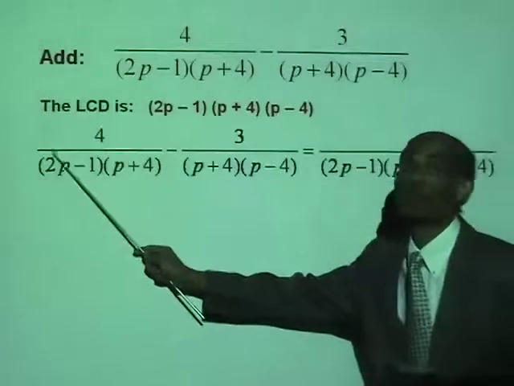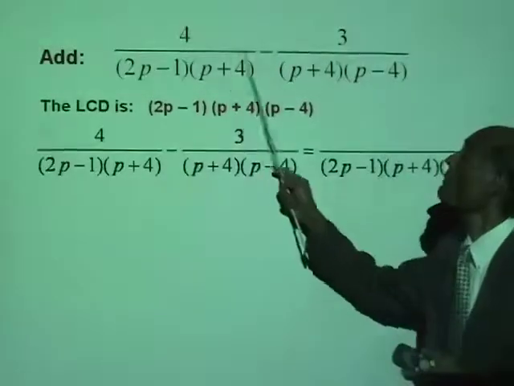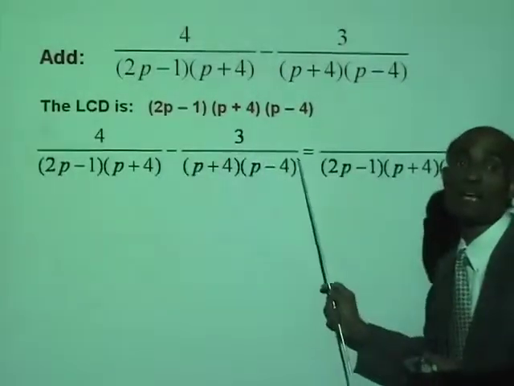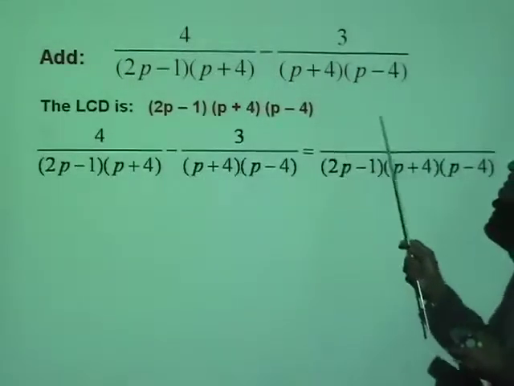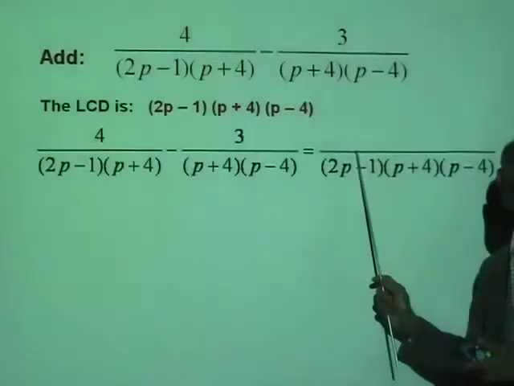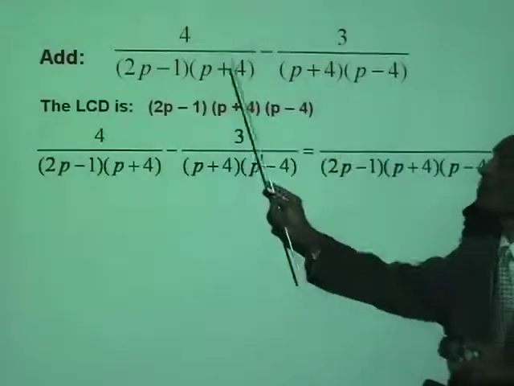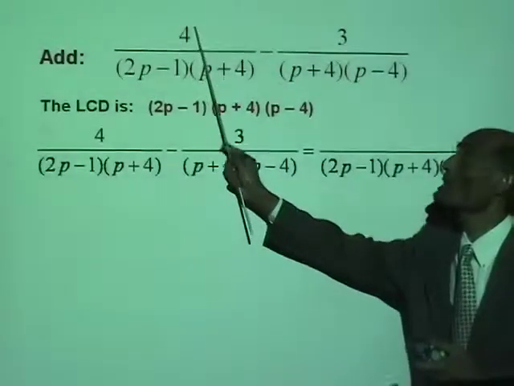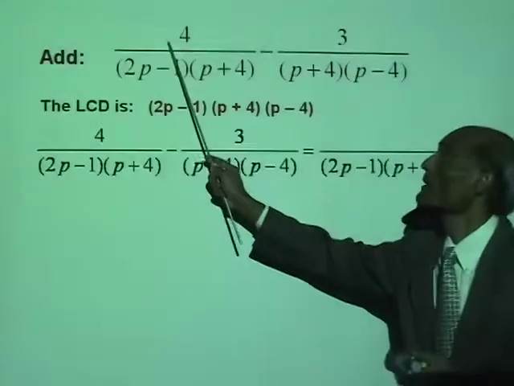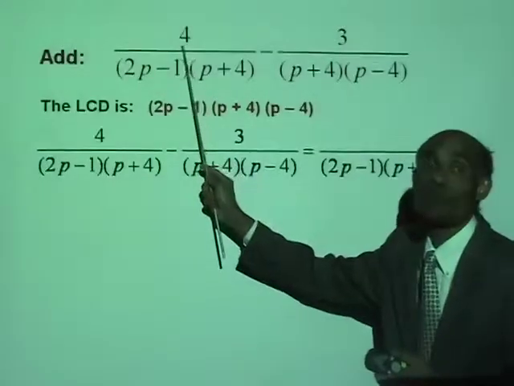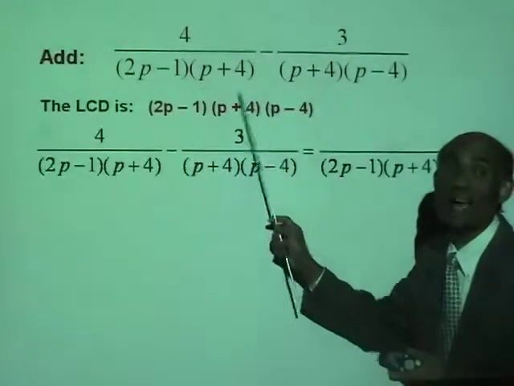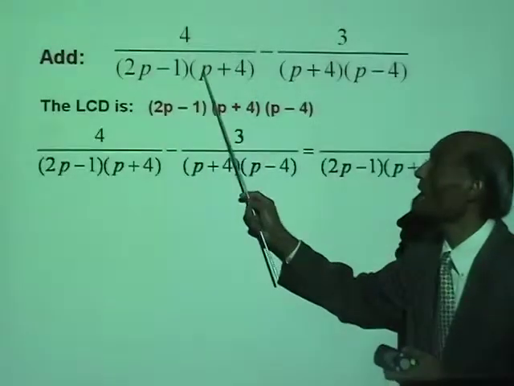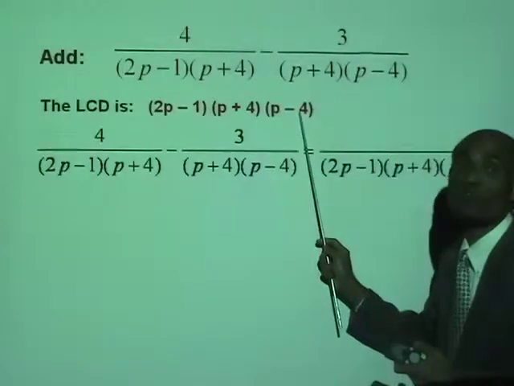So this is now, I have just copied this and pasted there, equal to, this is the LCD. We now need to construct our numerator. Well, we already talked about it. What is this 4 going to be multiplied by? This 4 will be multiplied by the factor in the LCD that is missing here, and that is p minus 4.